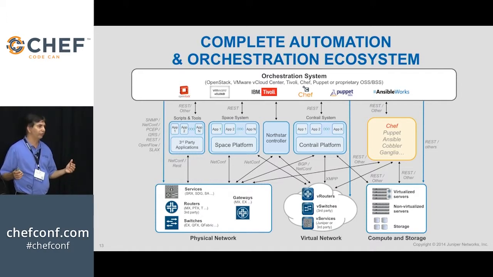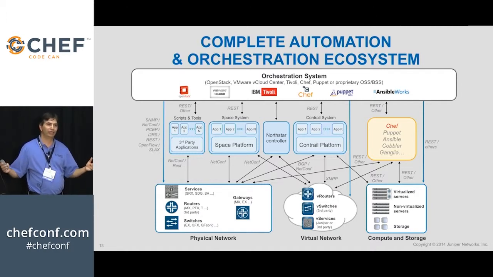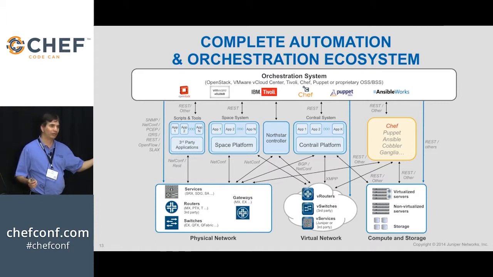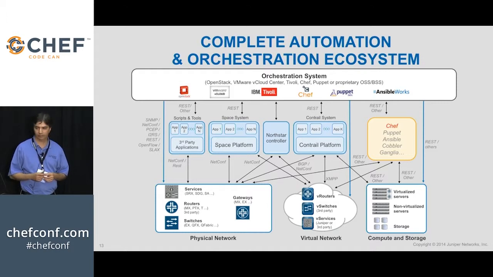The day after, you are ready for the new revolution in networking called software-defined networking, and you need to set up a Contrail controller. Well, there is going to be a recipe for that, and it will be done in minutes. So the idea is that we're going to continue building and simplifying things so that you can quickly experiment with the network and get your job done faster, more efficiently, in an error-free way.